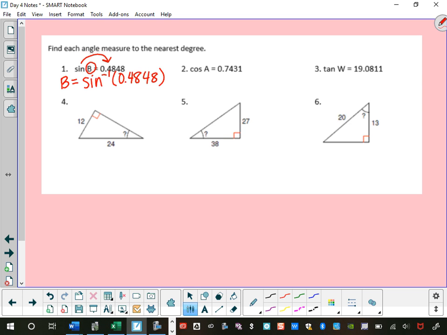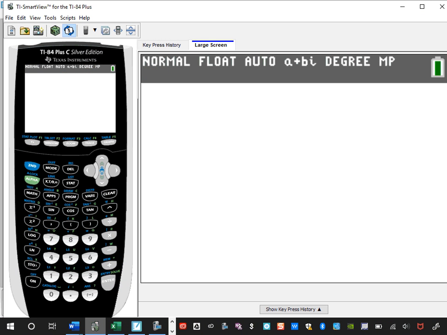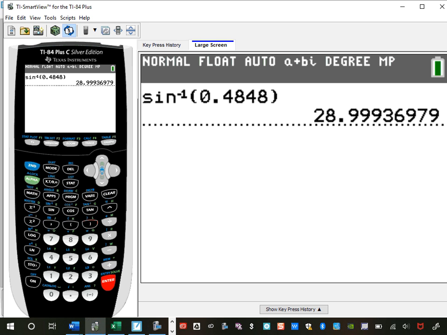So 0.4848. Let's get a measure for angle B. In order to do your inverse of sine, you're going to do second sine. You can't just press the regular sine, you have to do second sine. And then my number was 0.4848.